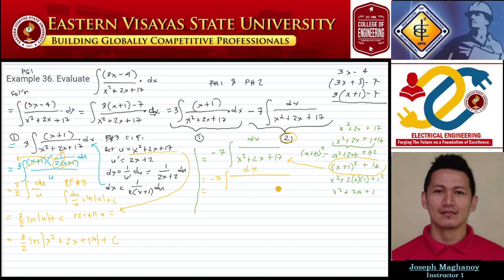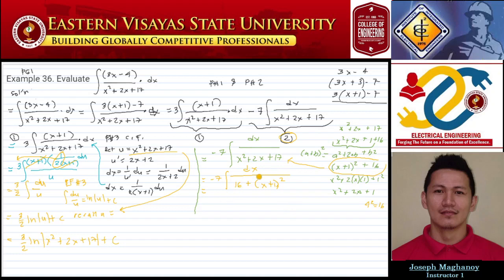So we rewrite our polynomial in line with the ITF formula. So this is 16. You only rearrange, plus x plus 1 squared. We all know that 4 squared is 16.